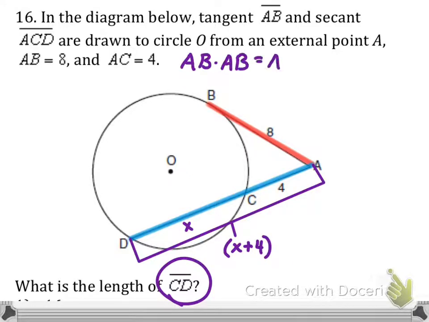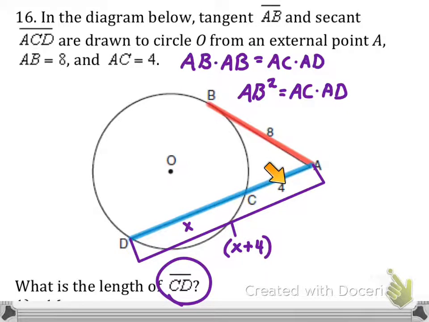Now when I label these, I'm going to label CD, which is this chord here, X. That's the length I'm looking for. Now sometimes with these problems, they will give you this part and this part, and you'll look for this, or sometimes they'll give you the whole length, and you'll have to find something else, maybe the outside part.